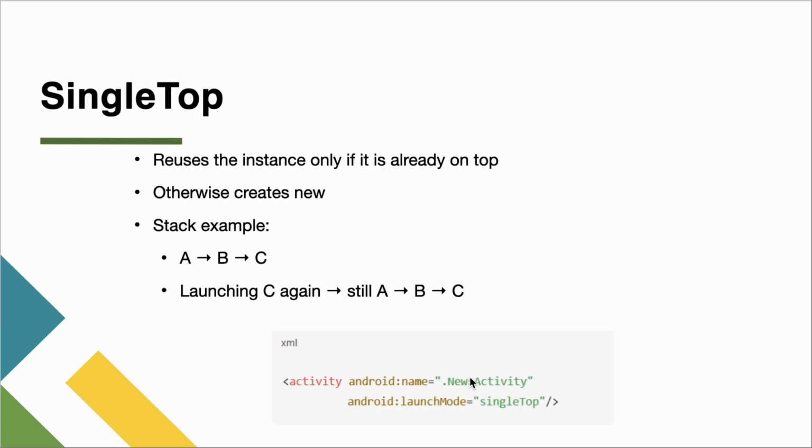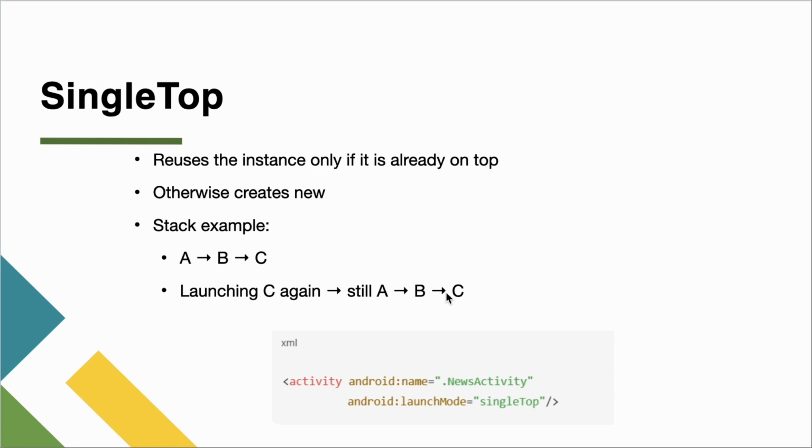Okay, now we talk about the SingleTop. So SingleTop says it reuses the instance only if it is already on top. Otherwise, it creates a new one. The simple example I would say is, let's say there is a stack of ABC. Now, if you want to launch C again, and since C is already on the top, then it won't create the new instance, unlike the standard was doing.